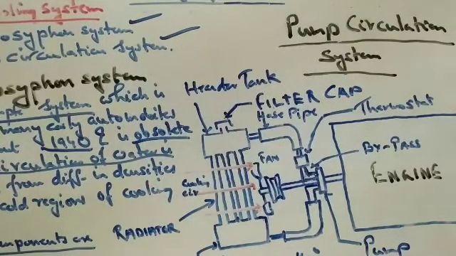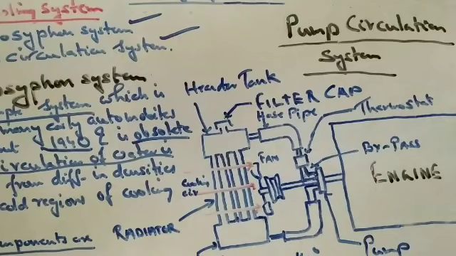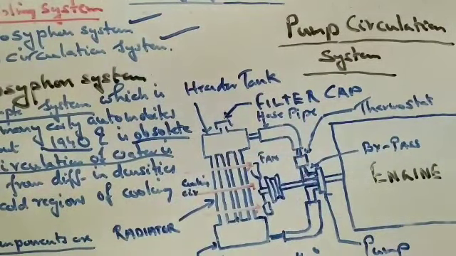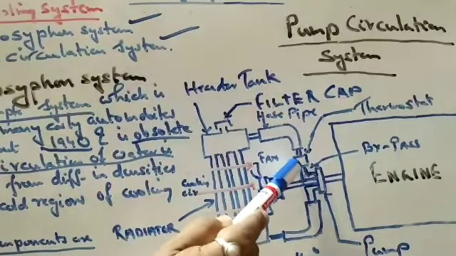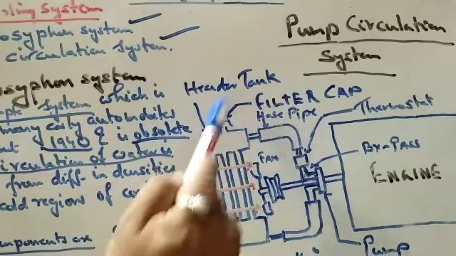What happens when the engine starts? At the beginning, the temperature of the engine is not so high. As the pump sucks the water from the collector tank, it moves through the engine, passes through the various components of the cylinder, the temperature rises, and it comes to the thermostat valve. If the temperature of the liquid does not reach a certain value, the valve will not allow the liquid to flow through the hose pipe to the header tank.